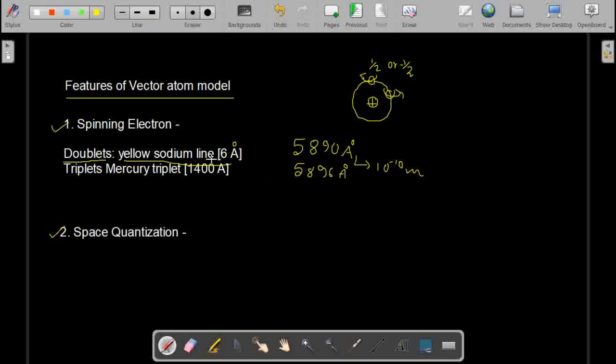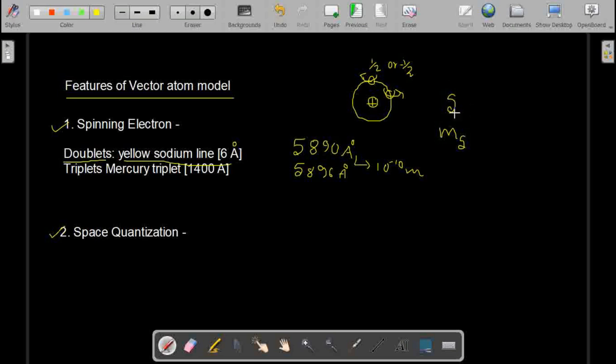So this is a consequence of the spinning electron. Similarly, we have it for mercury, which is called the triplets of mercury. But we are not going to explain that right now; this is an important concept of the spinning electron. So if the electron spins, the spin quantum number would be this, and it will have a magnetic spin quantum number associated with it as well.